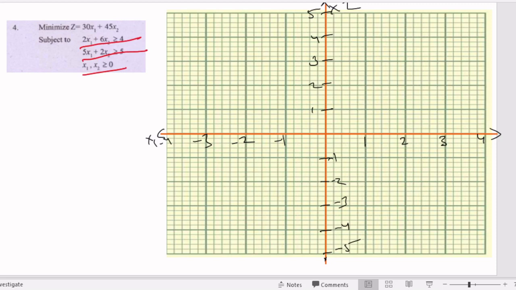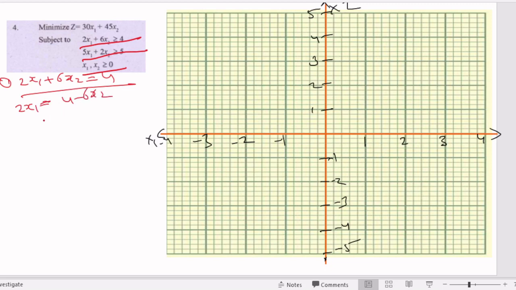Equation number 1 says 2x1 plus 6x2 is equal to 4, and you need to plot 3 different points to draw the line. As I stated, make it simple. 2x1 equal to 4 minus 6x2.